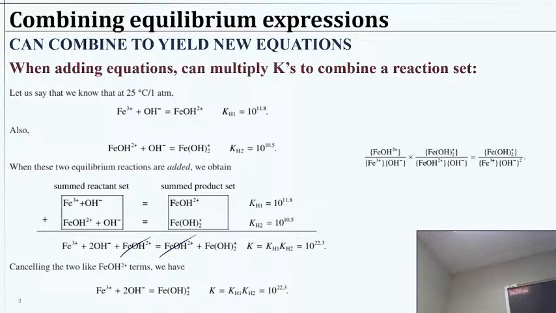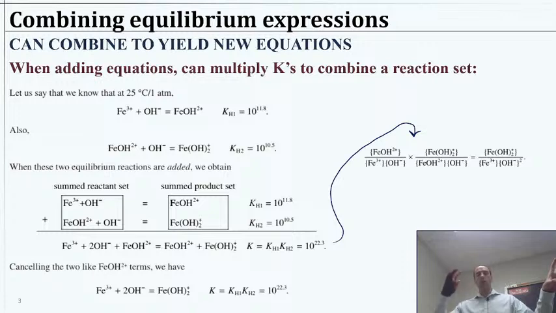When we do that, if we treat this like any other equilibrium system that we've done so far, before we simplify it, writing it up as products over reactants, we get something that looks a little bit like this, where we have FeOH here, FeOH, combining all those together.